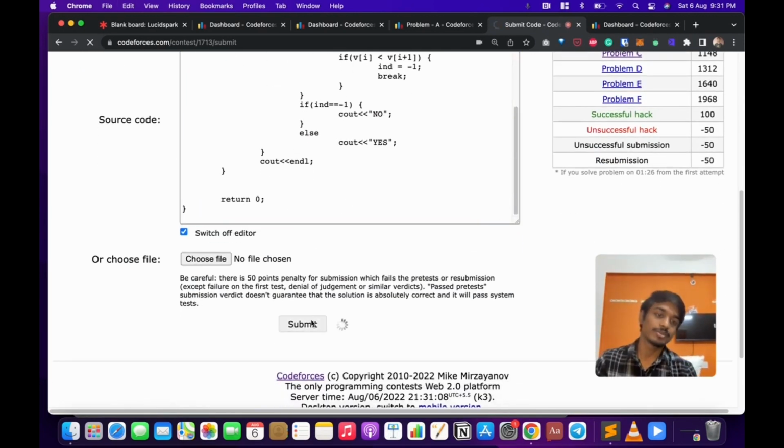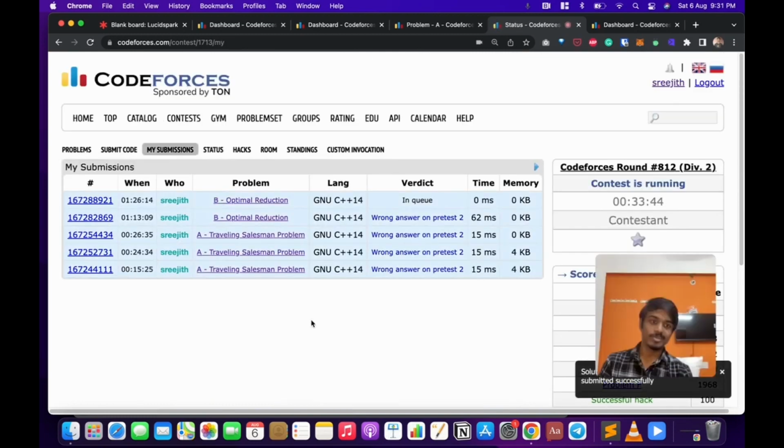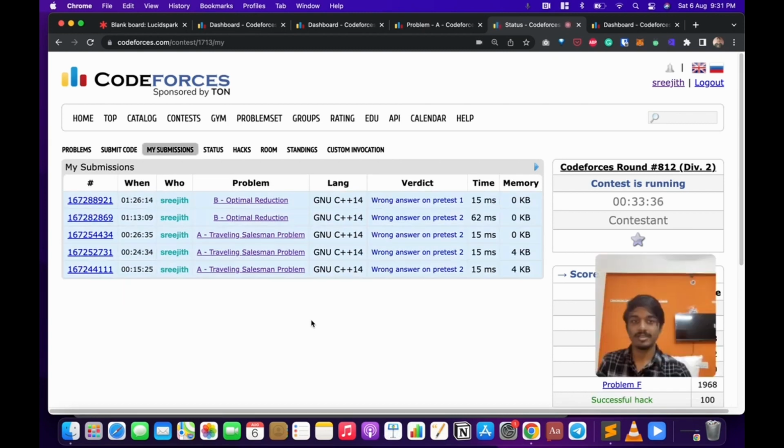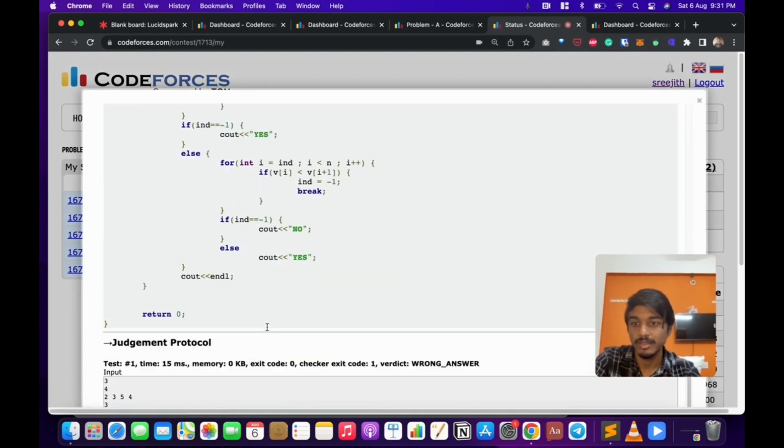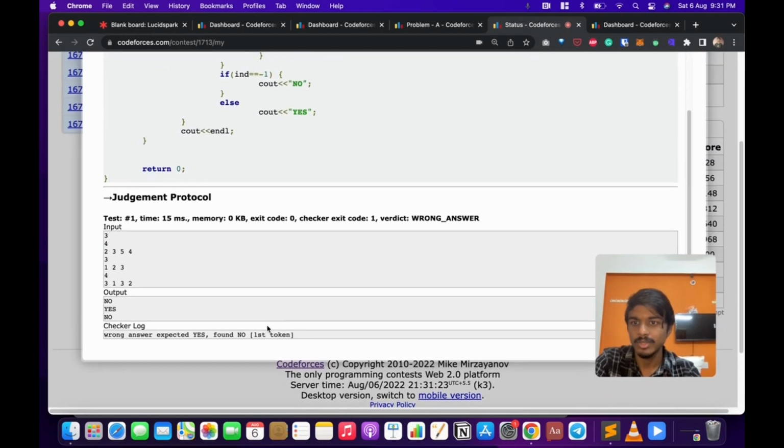I hope this should not fail, but if it fails, it's not in my hands. Maybe I'll try for like 1 or 2 inputs. I did not try that. Huh? Wrong answer on pretest one. Why? No, yes, no. What?